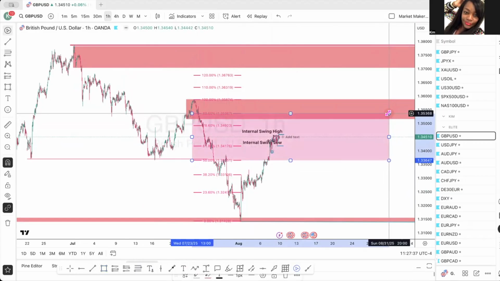Price is in the zone. So now, if it's going to go to the 78, that will be wonderful for me, because that's where I want to see price come back to. But if it doesn't, we're in the premium zone, so price can shift structure at any point in the premium zone.